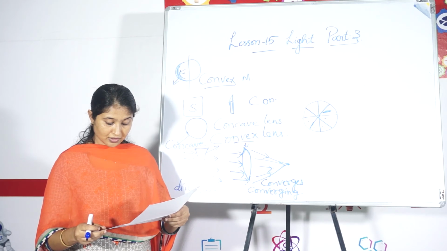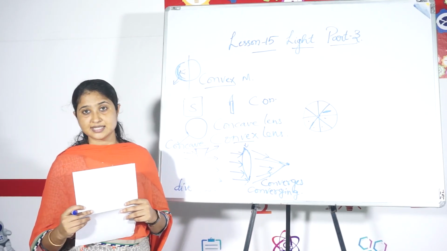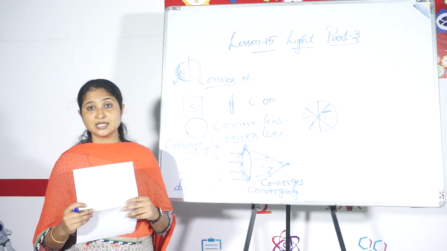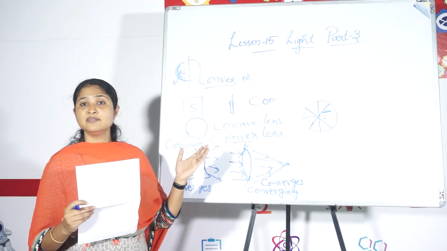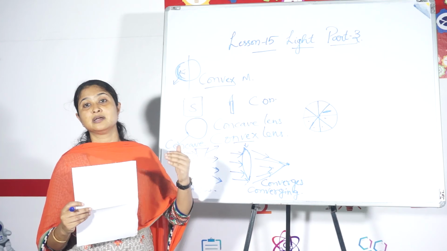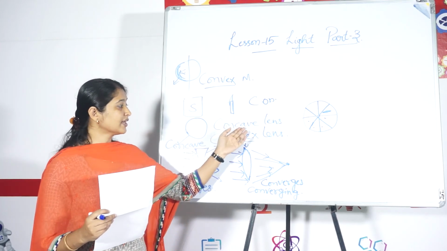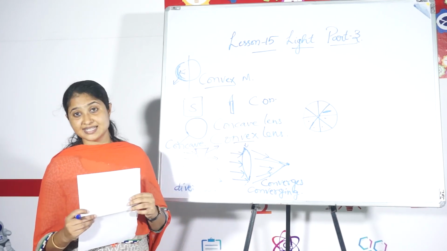Okay children, so this is about light. I hope you understood this. We have studied reflection, then plane mirrors, concave mirror, convex mirror, then the lenses, concave lens and convex lens.